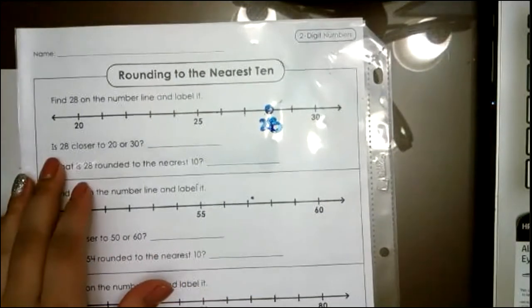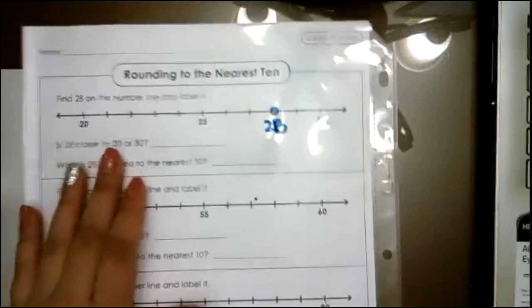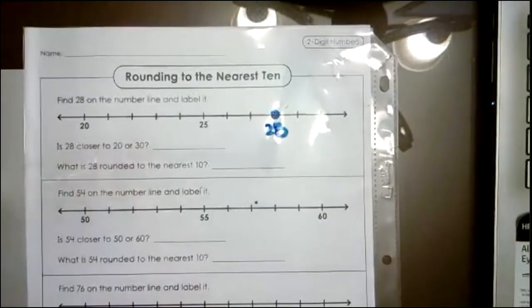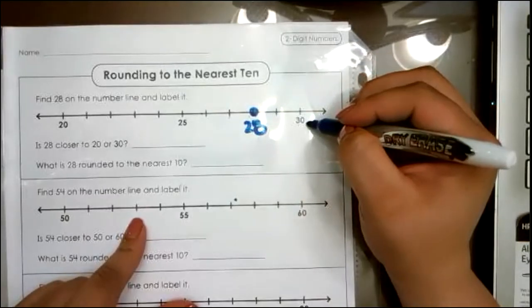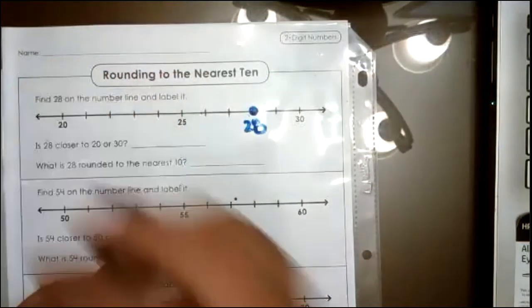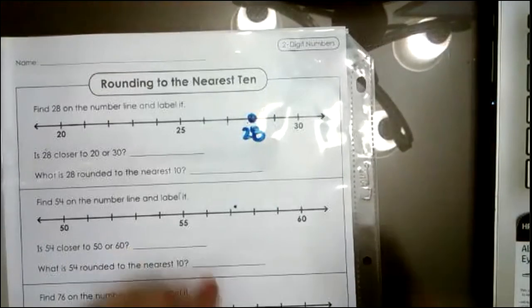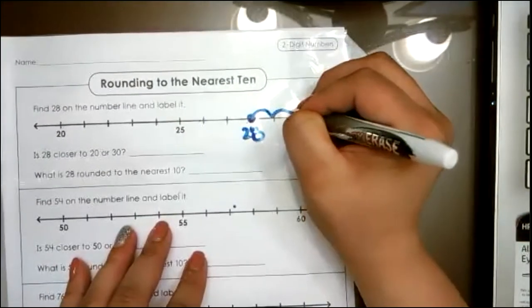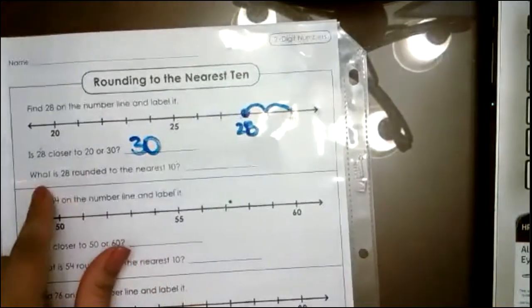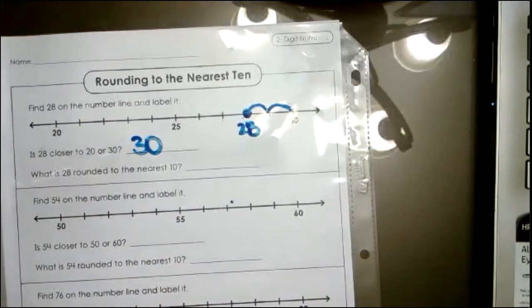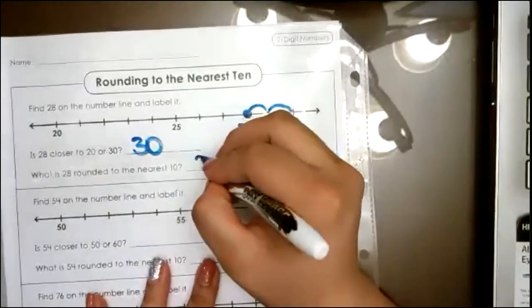The first thing it's asking us is, is 28 closer to 20 or 30? It is only 2 jumps away from 30, so it is closer to 30. So what is 28 rounded to the nearest 10? It's 30.